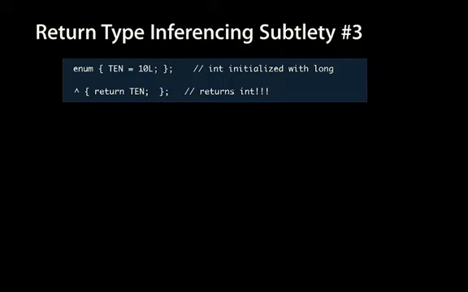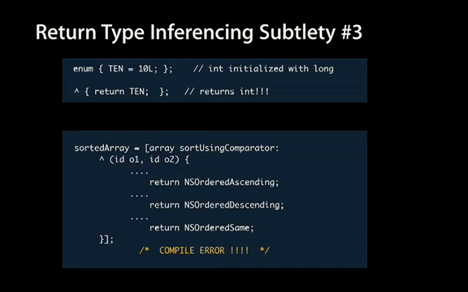This one stumped quite a few of us for a while. It turns out that an enumeration, no matter how it's initialized, is always an integer. So if you want to return a long out of this block, you again, solutions on the next slide.